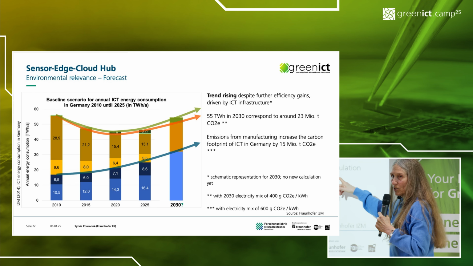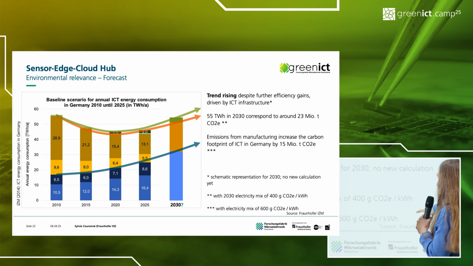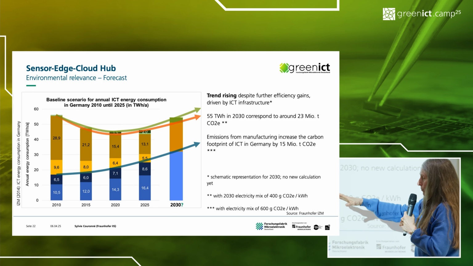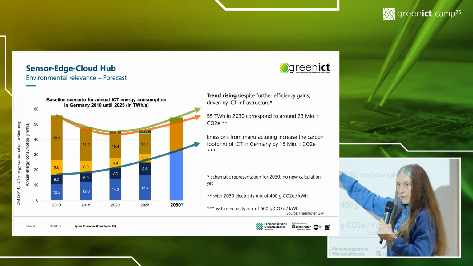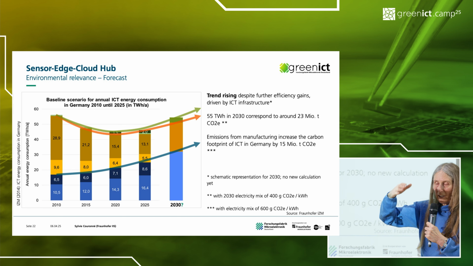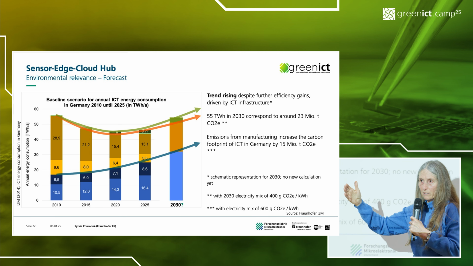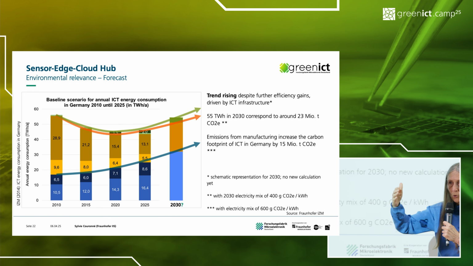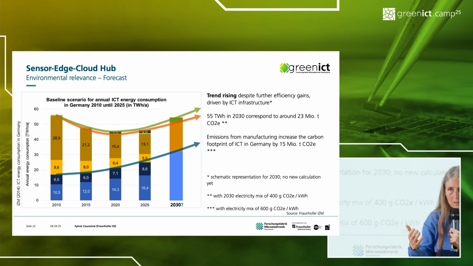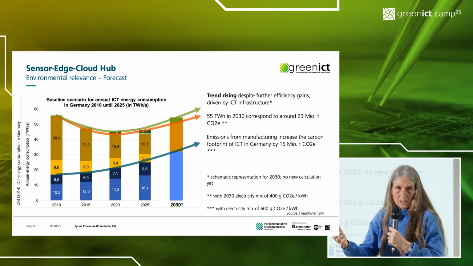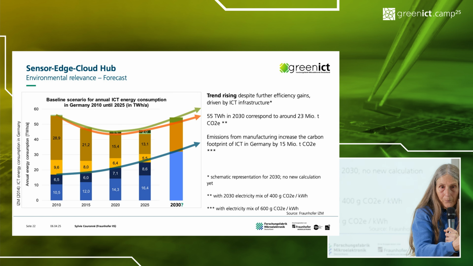So maybe just taking attention, you will hear a lot of this in the next days. We are calculating. We can transfer the terawatts, so the energy consumption, into a carbon footprint. But of course, this depends on where you're consuming this, if you're consuming in Germany, or in France, or in Asia somewhere.